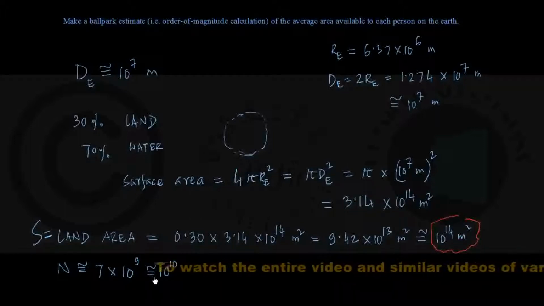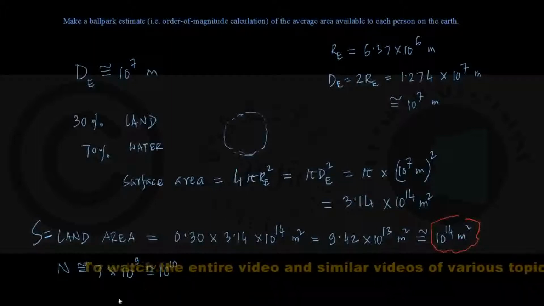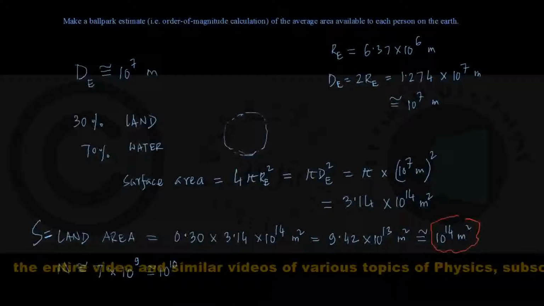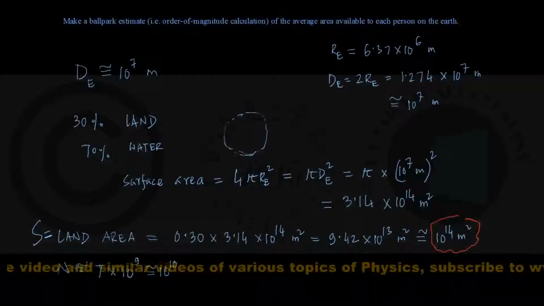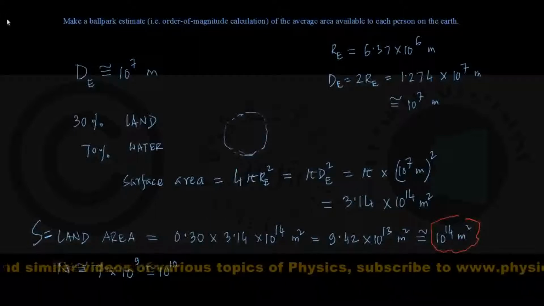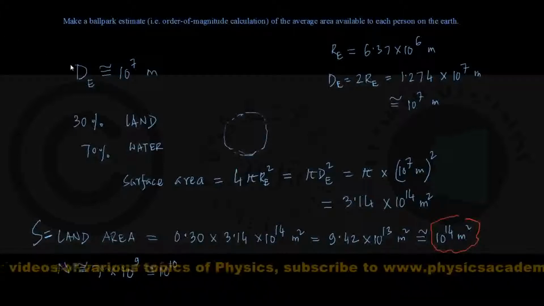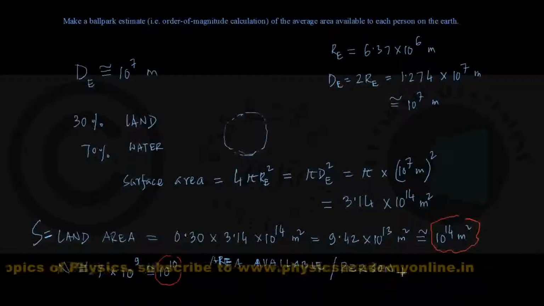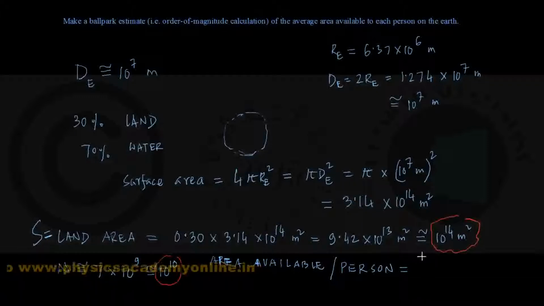That's all. So the area available to every single human being on earth, assuming 30% of the surface area of the earth is land and all people stay on land areas, not on water, we find the area available per person is coming out to be, you have seen already that the total land area was called S and the number of persons was N, and both values are order of magnitude values.